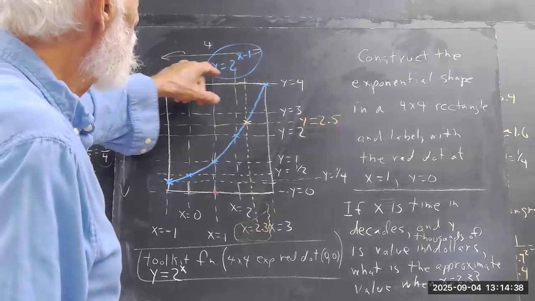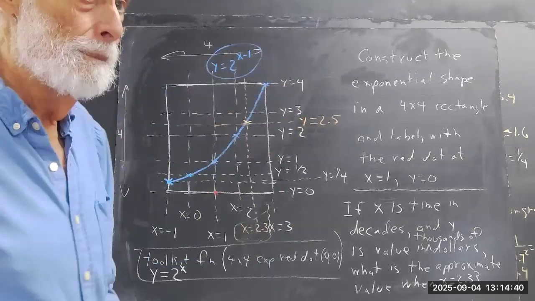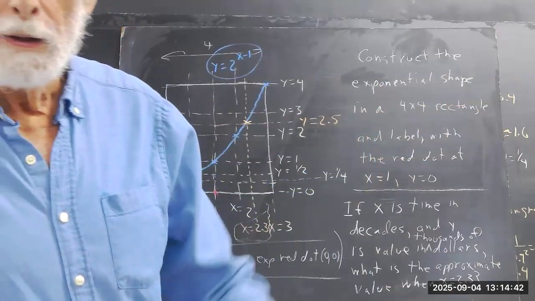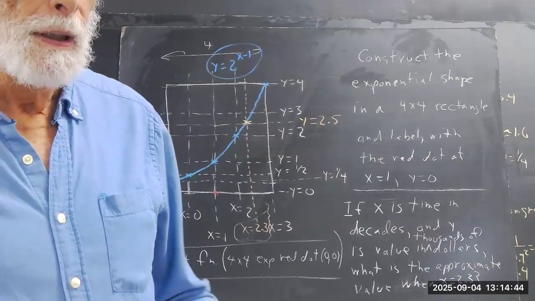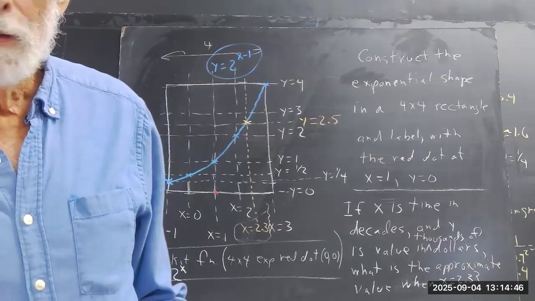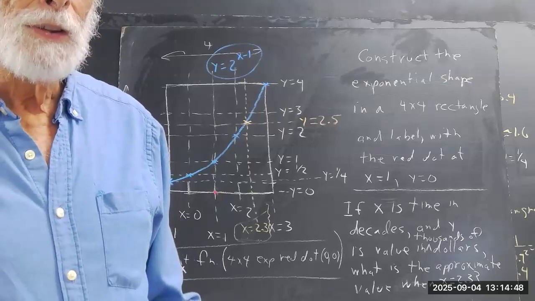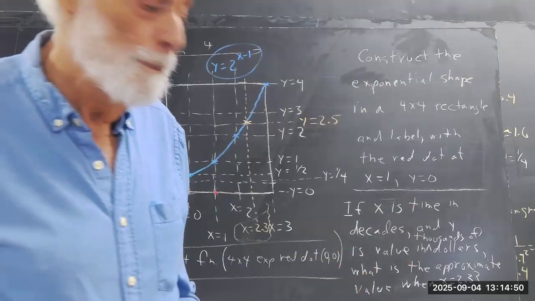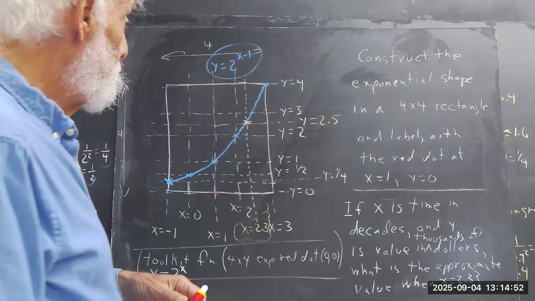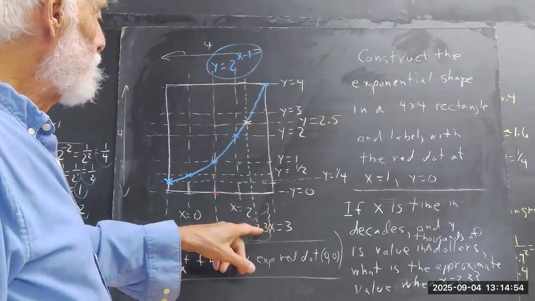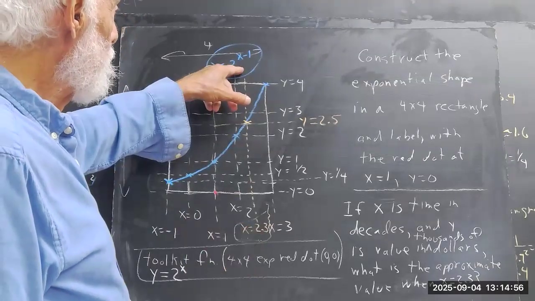Now, this is the function y equals 2 to the x minus 1. How many of you have a calculator handy? You probably have one on your phone. If you've got something with a calculator, pull it out and substitute x equals 2.3 into this function.